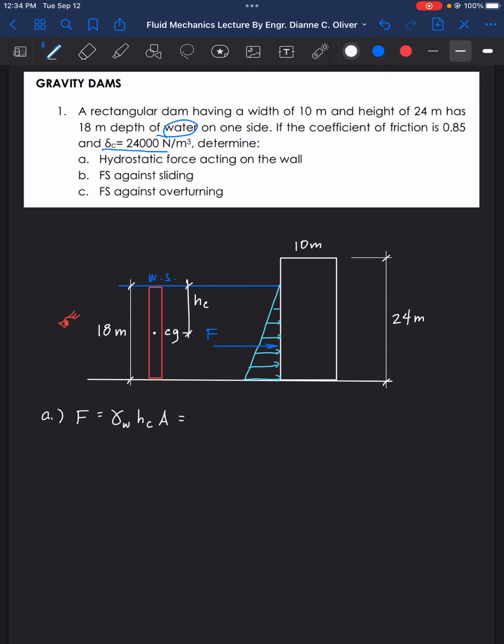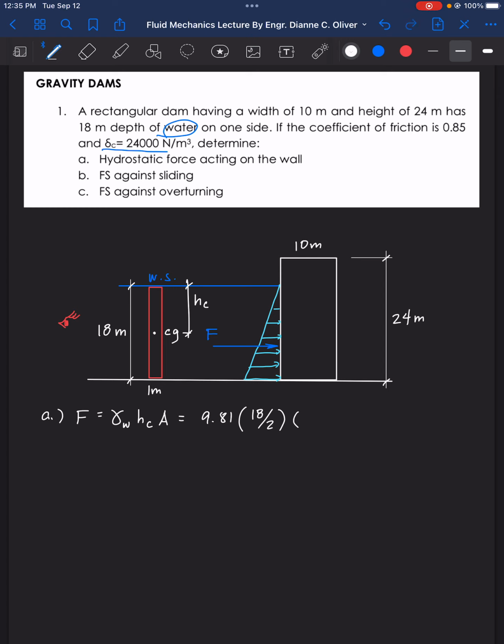So this is now equal to gamma of water, 9.81, HC is 18 divided by 2, and the area is 18 by 1. If the width of this projected area is not mentioned, we will consider per 1 meter width.